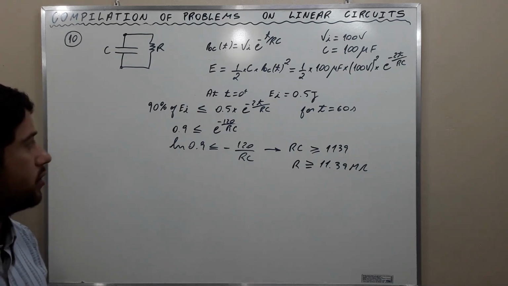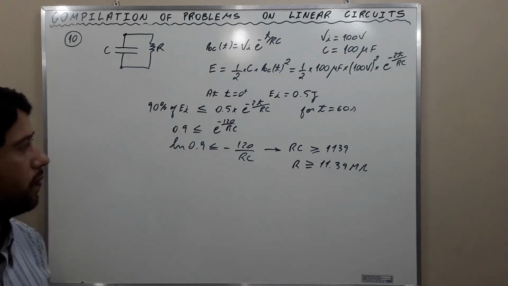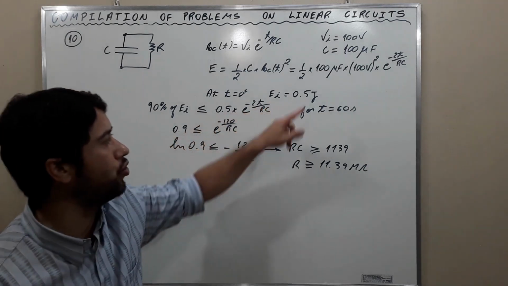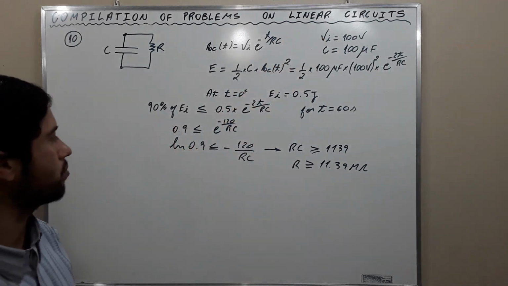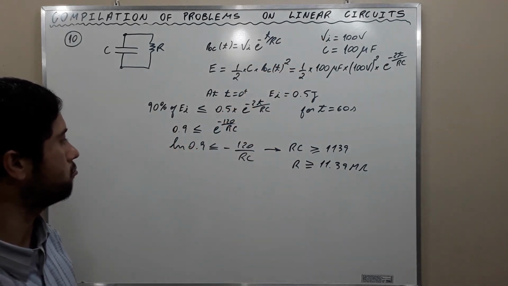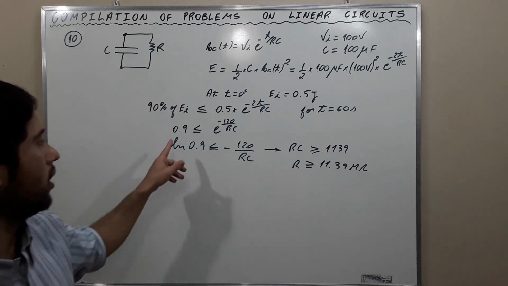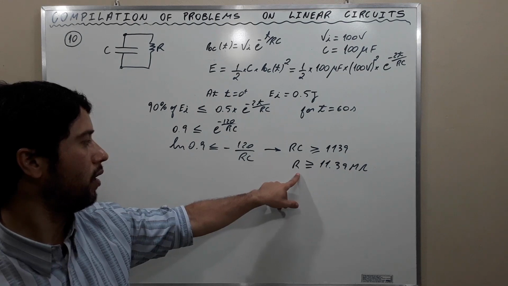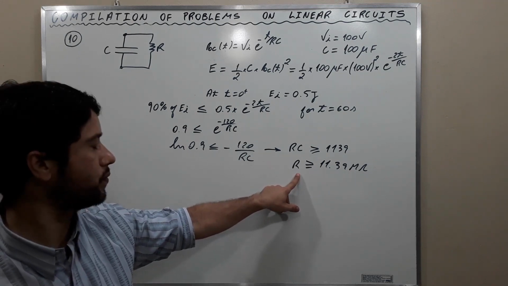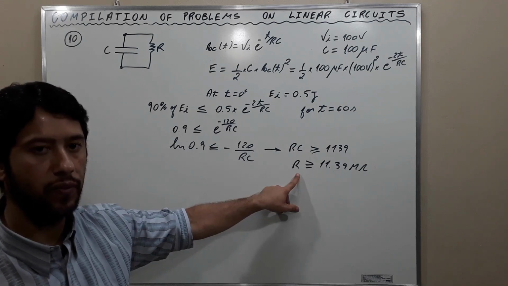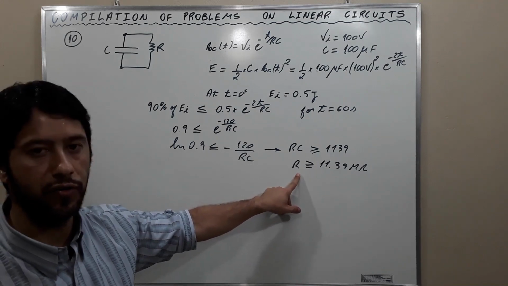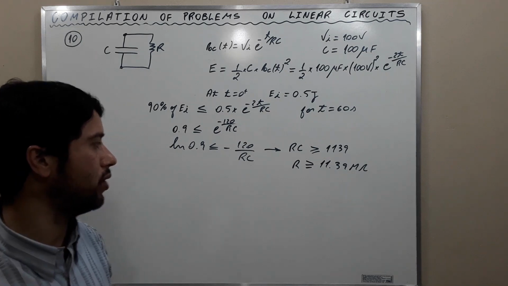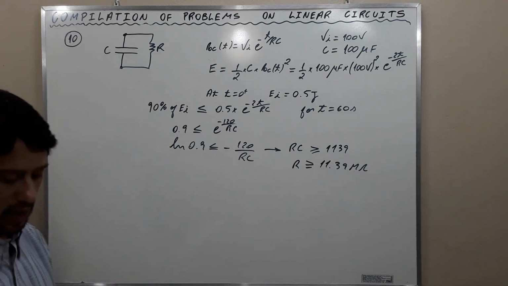So regardless of the initial energy, in this case it was 0.5 joules, but regardless of the amount of energy, for this kind of voltage, we are going to have 90% of the initial energy still there after 1 minute if the leakage resistance is greater than or equal to 11.39 mega ohms.